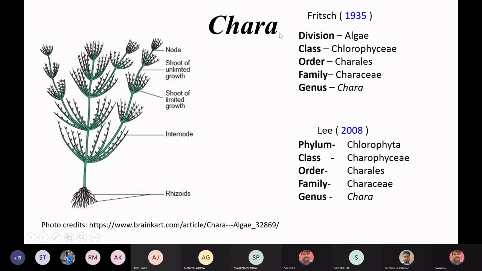So let's start discussing the individual Chara, which is the member of Charophyceae, and that Charophyceae is the only family of this order, Charales. Before we start, there was some confusion regarding the placement of Chara, like the green pigments, chlorophyll a and b.